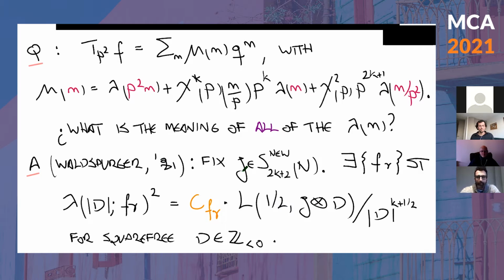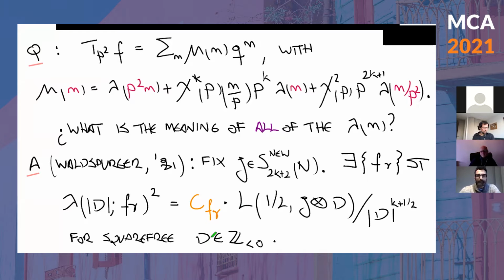So more precisely, once you fix a newform g of arbitrary weight and level, he shows that there's a family of half-integral modular forms, which I'm going to index by a subindex gamma, whose Fourier coefficients are related in this way with the twisted central values. And he shows that this holds for square free negative integers.